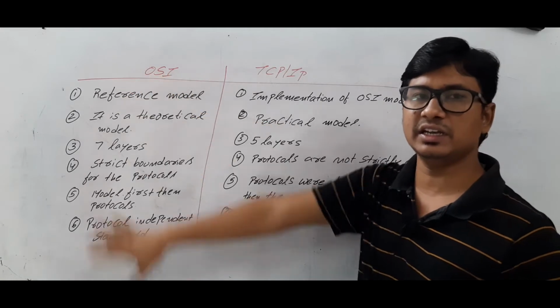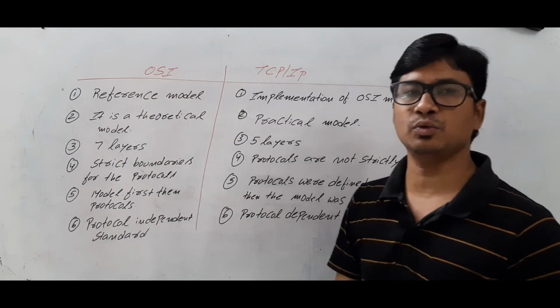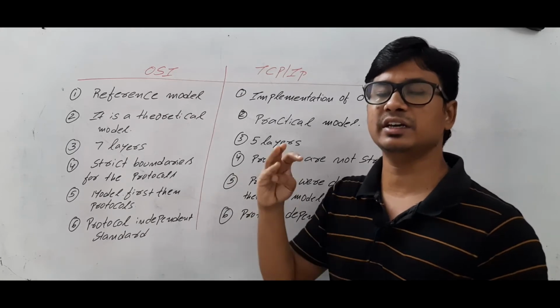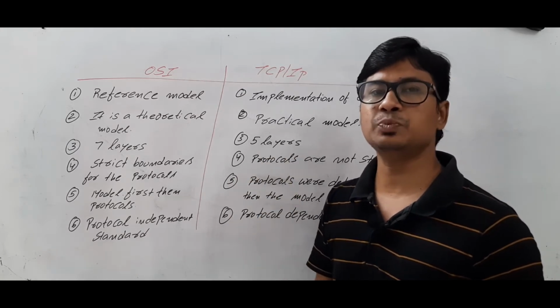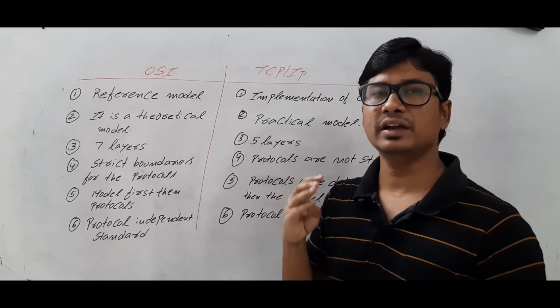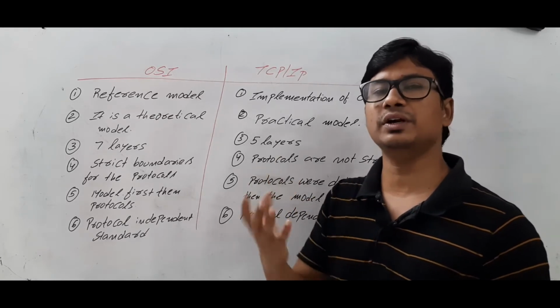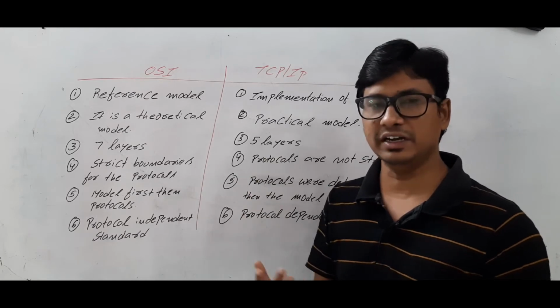As we discussed earlier, we have 7 layers in the OSI model: the application layer, presentation layer, session layer, transport layer, network layer, data link layer, and physical layer. You can ask me, sir, why are you telling these 7 layers so many times?